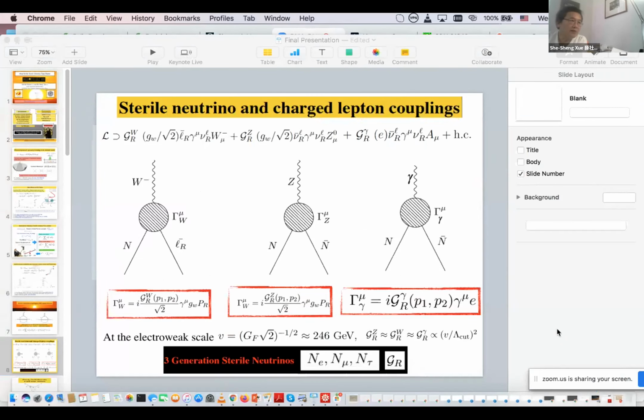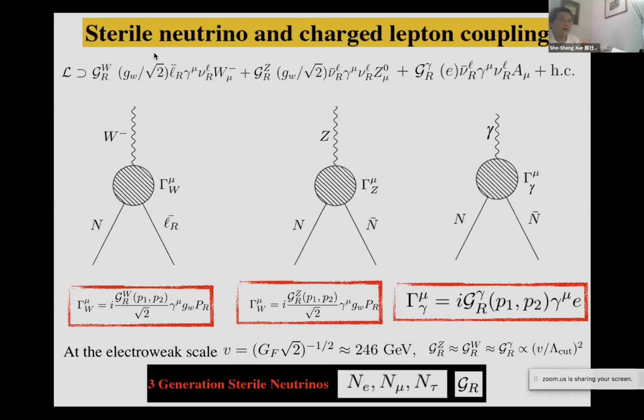I give an example. For example, the gauge bosons we have are just like the ones in the standard model. There's no dark photon, nothing else. They are the gauge bosons of the standard model, W, Z and photon. Due to this four-fermi interaction, they induce one-particle irreducible interaction vertices with the sterile neutrino N and standard model particles.